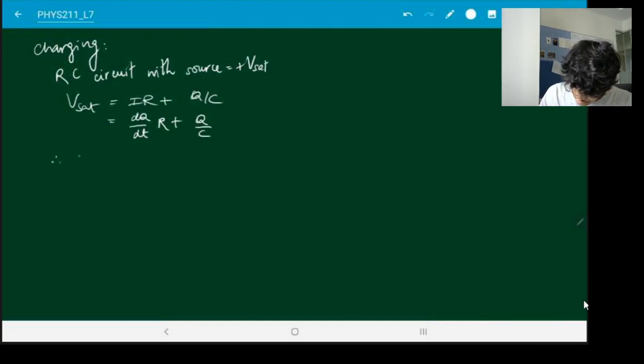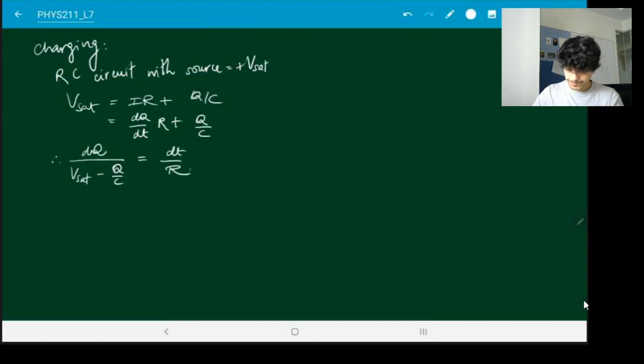So then this is a differential equation, and you can try and solve it. So here is a separation of variables. And now we can integrate this. So what are the limits of integration?